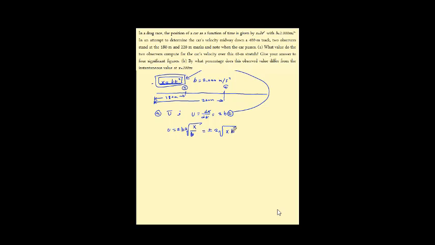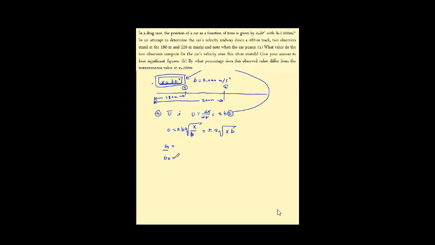Now, in order to find the average velocity, we need the time the car needs to arrive at each observer. So we need to find t1, the time needed for the car to reach the first observer, and t2, the time needed for the car to reach the second observer.